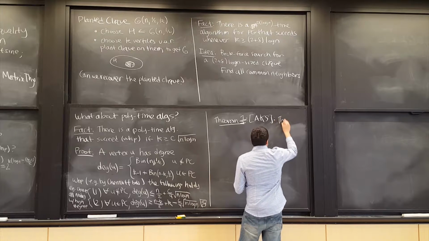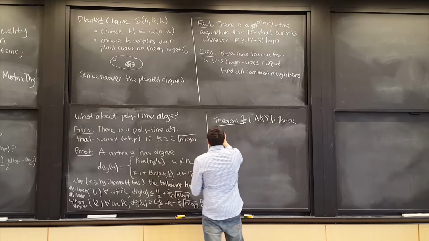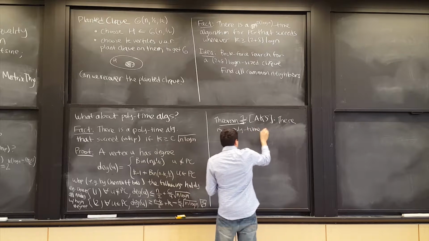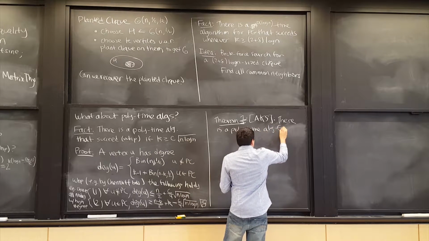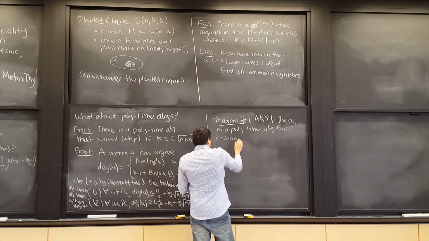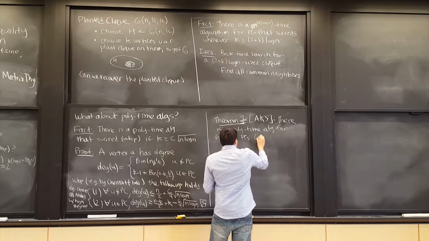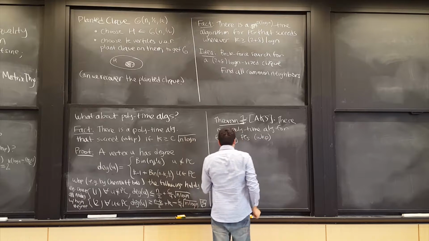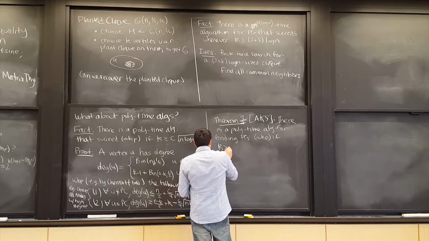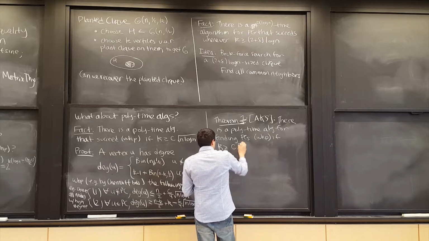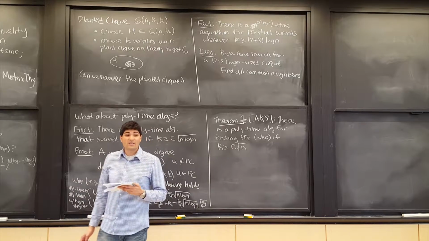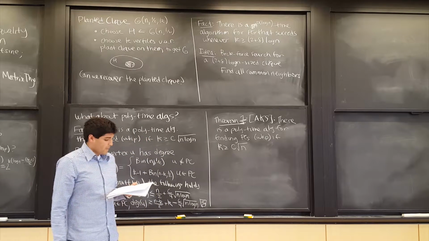What we're going to see today is that there is a polytime algorithm for finding planted cliques, again with high probability over the realization of the graph, that works as soon as k, the size of the clique we're planting, is at least some universal constant times root n. That's actually the very best that people know for this problem.